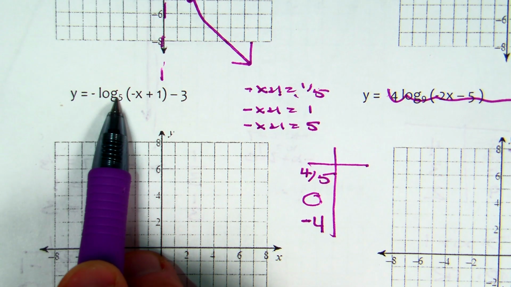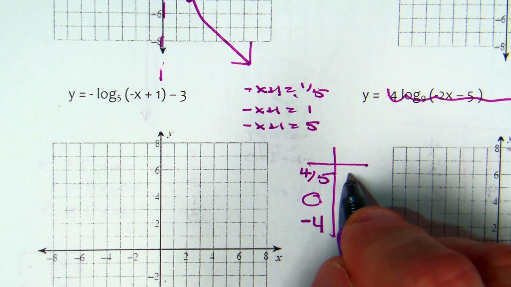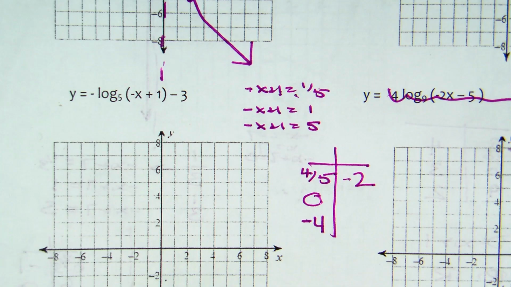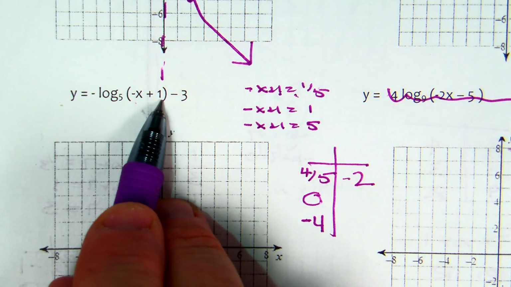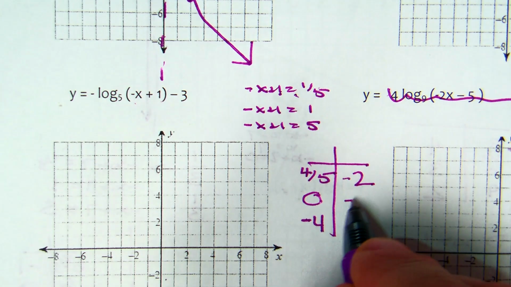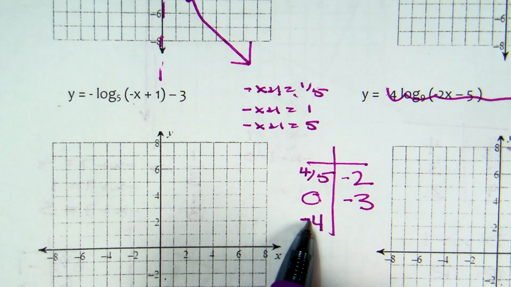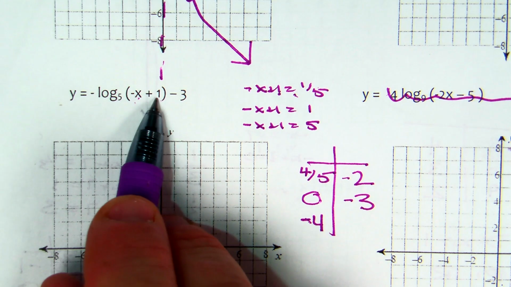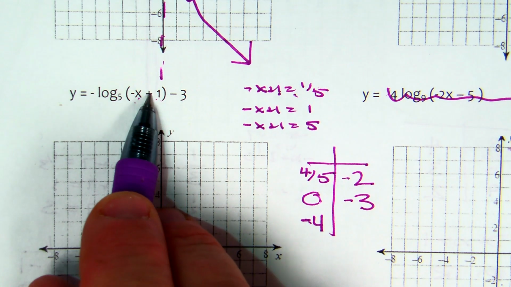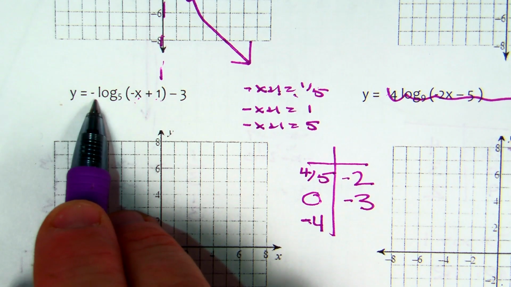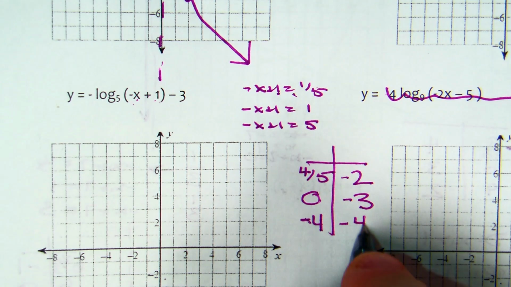Negative of the negative turns into a positive. 1 minus 3 is negative 2. When I plug in the 0, I get 1. The log of 1 is 0. 0 minus 3 is negative 3. When I plug in the negative 4, I get 4. 4 plus 1 is 5. Log base 5 of 5 is 1. Negative makes it negative 1. Negative 1 minus 3 is negative 4.